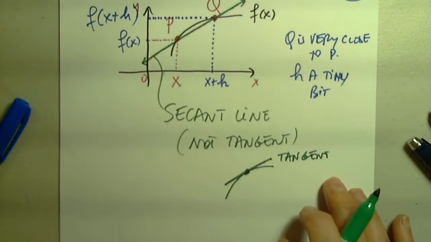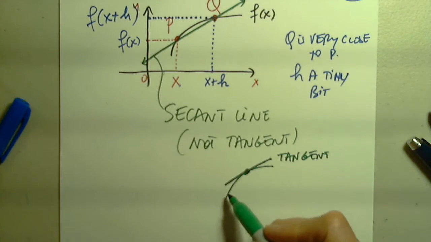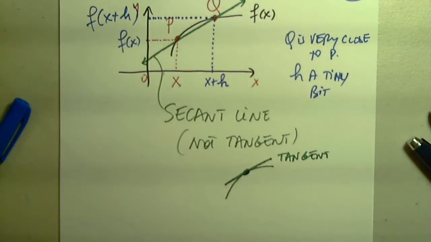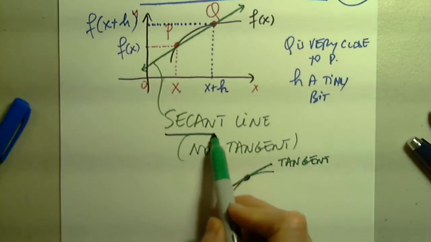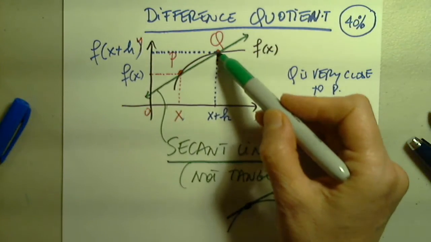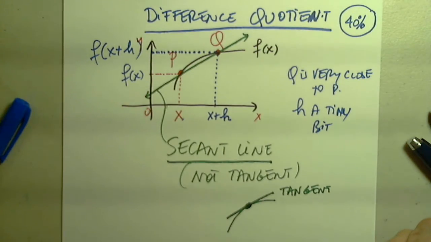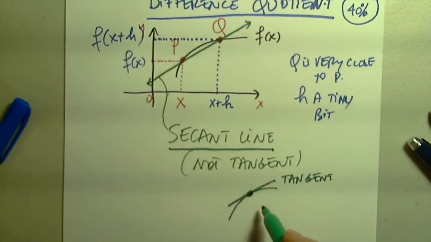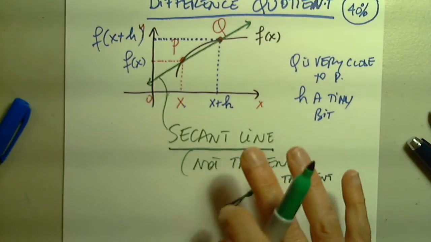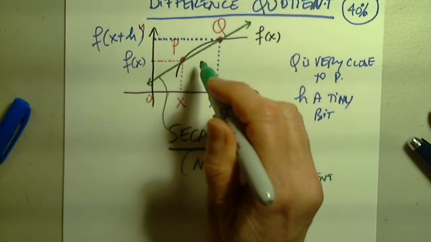Nothing to do with trigonometry. It just says that the line and the graph share exactly 1 point. A secant line, the line and the graph share 2 or more points. We're going to talk about this very soon, but in chapter 1. Okay, back to our secant line.